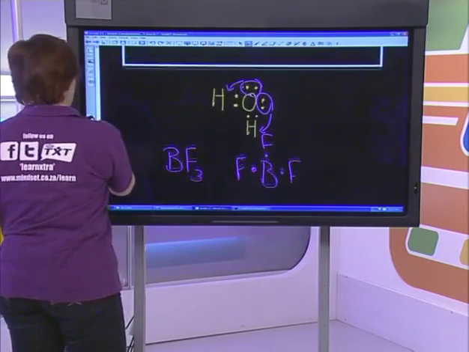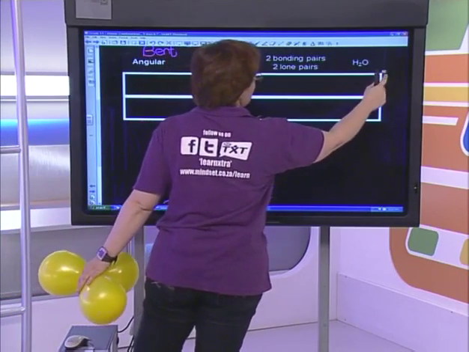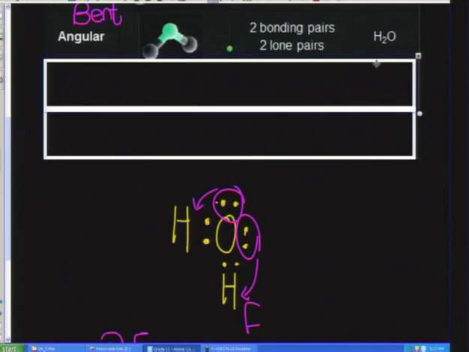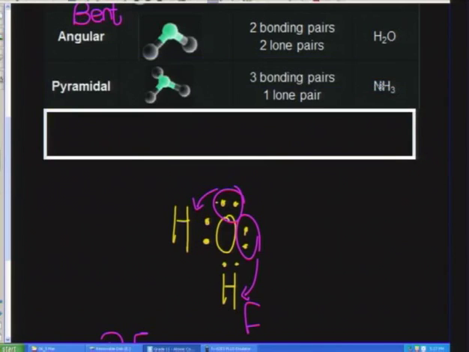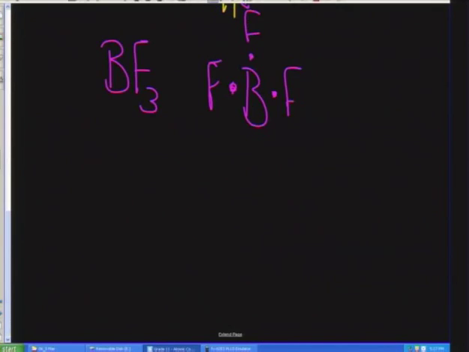But if we now go on to the next one that I want to look at, which is ammonia, NH3. So we have BF3, no lone pairs. Ammonia, maybe I should choose a pen, is NH3.